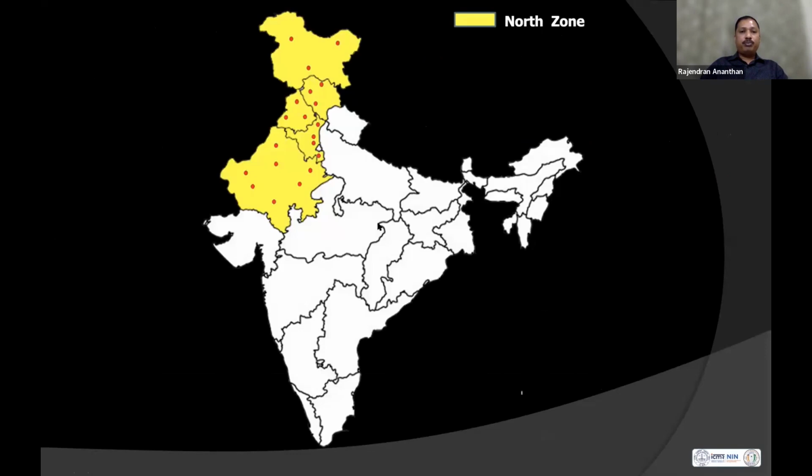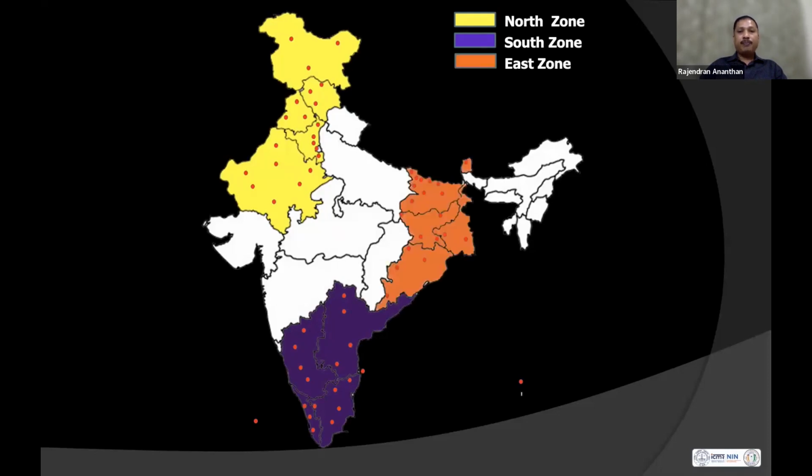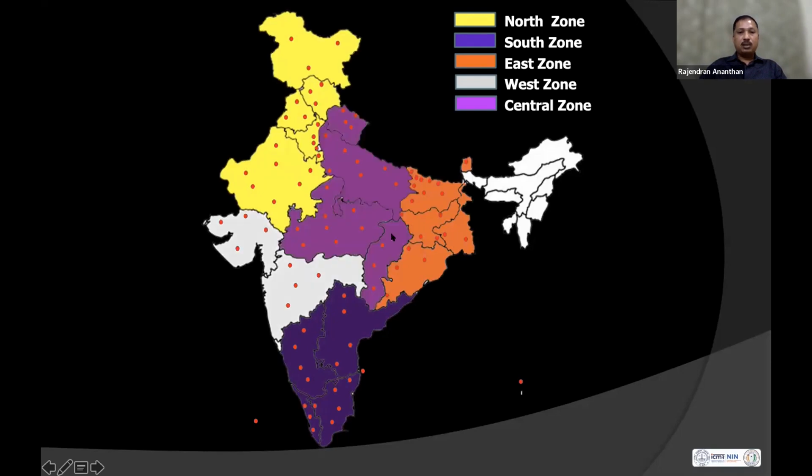These are the different sample collection centers identified in the northern zone. Then coming to the southern part, the red colored dots give the sample collection spots or sampling centers. This is for the west, and this is for the east, and this is the center and the northeast.